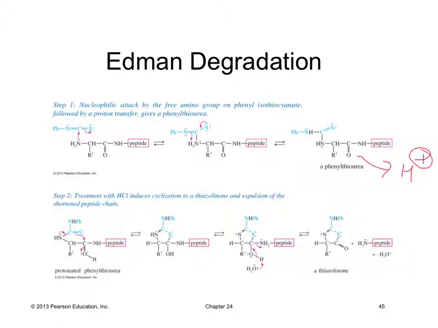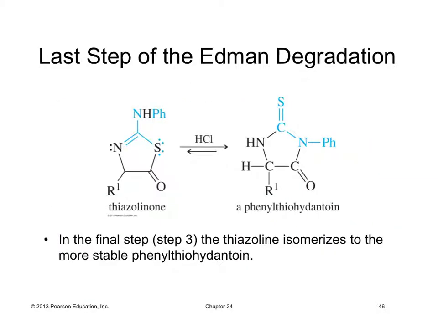So this is one amino acid, the N-terminal amino acid, being removed. In the last step of Edman degradation, you react this thiazolinone with hydrochloric acid, and this forms the phenylthiohydantoin, which is stable.